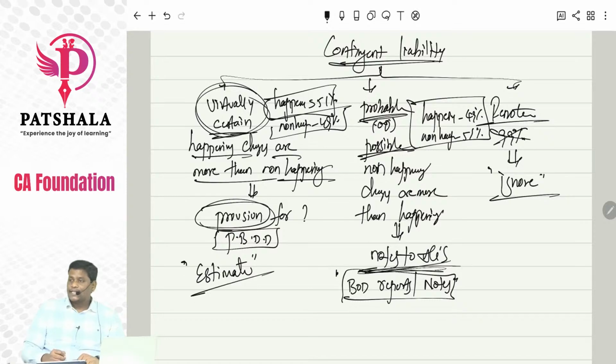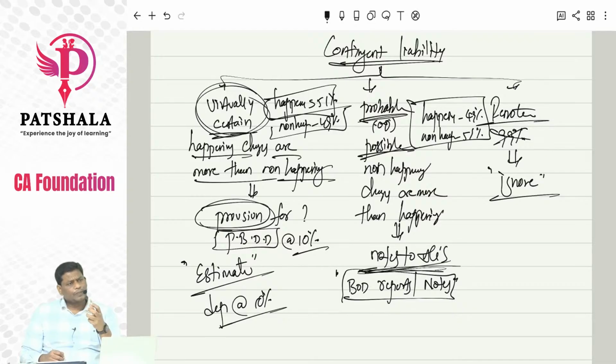Creation of a liability provision is only an estimate. If you remember, you create a provision for bad and doubtful debts at the rate of 10%. Do you think that percentage is an accurate percentage? Similarly, depreciation I create on the asset at 10%. Do you think that percentage of depreciation is accurate?